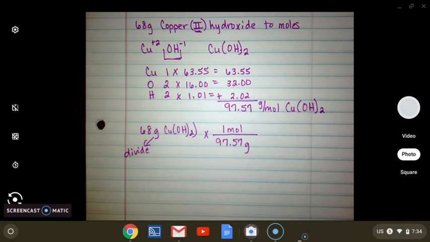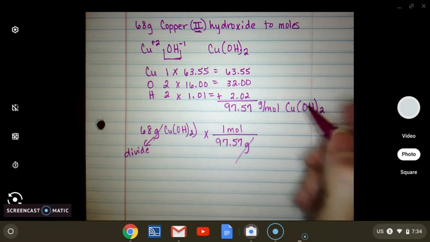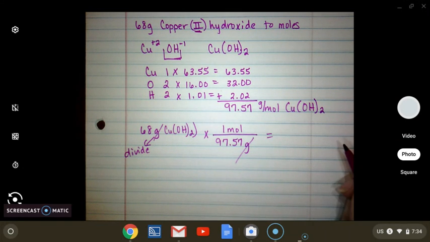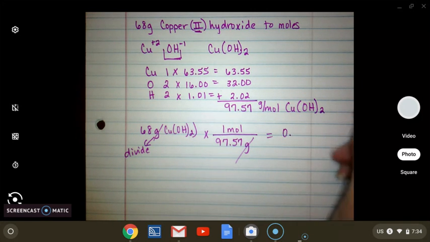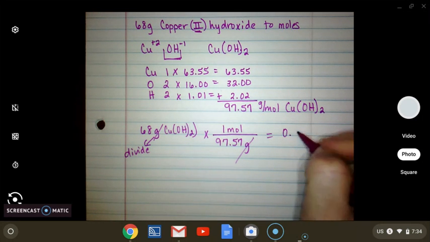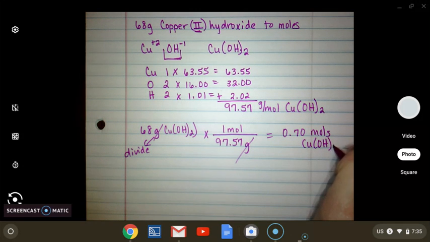And remember with this, you cross out your similar units. So you have grams here, grams there. So 68 divided by 97.57 gives you 0.6969353, but you can round that to 0.70 moles Cu(OH)2.